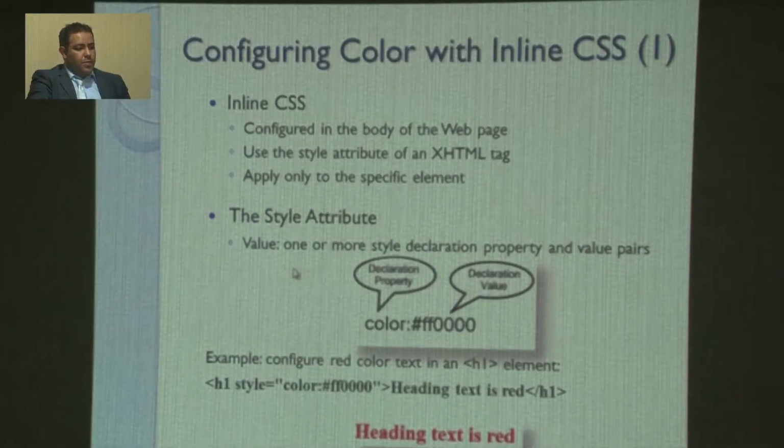The style attribute value can be used more than one time. For example, the color can also be inserted for the H1 tag. Example, configure red color text in an H1 element: h1 style equal color, the heading text is red. So this one will show the heading text in red.